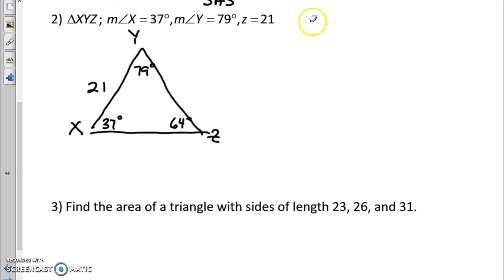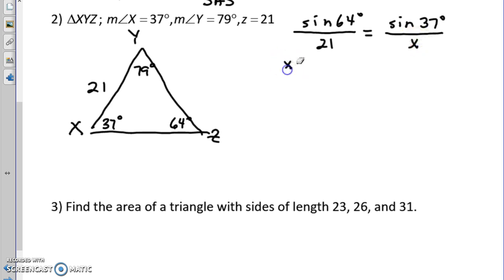So using the law of sines, sine of 64 degrees over the opposite side 21 is equal to sine of 37 degrees over the opposite side, which would be, I guess, x, since it's opposite vertex x.